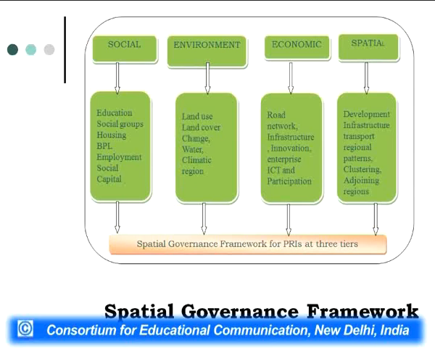We can look at which Gram Panchayats have a similar pattern, they could be clustered together and could also be compared with the adjoining ones. So this is the broad framework for the spatial governance framework that could help, and is helping, the already existing structure.